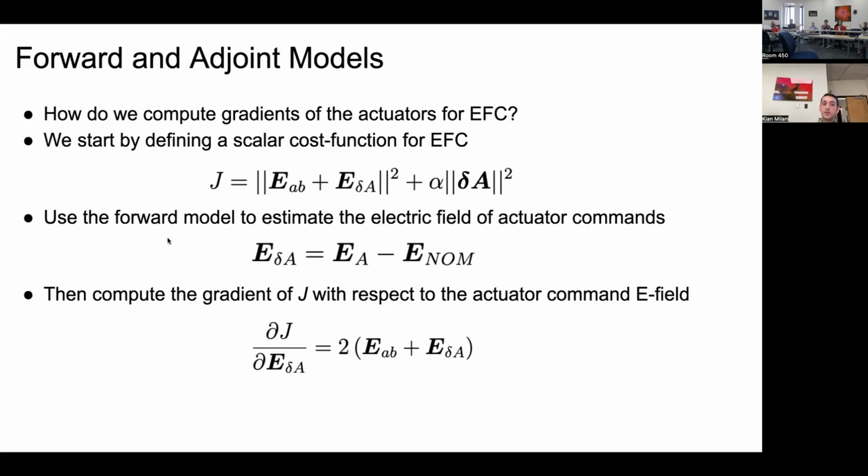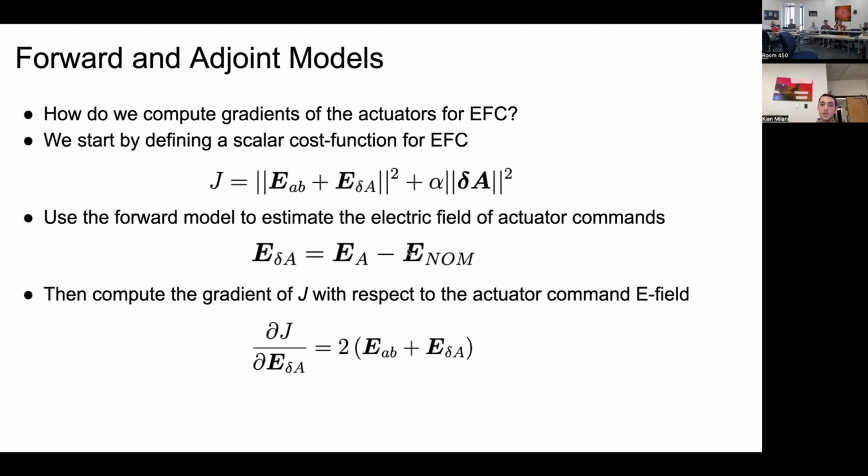So yeah, how do we actually compute E del A? Well, this is where we use the model to do so. First, we compute E nom actually, which is where we apply the knowledge we have of the current state of our system, which is going to be whatever measurements we have, however we're modeling the vortex or the focal plane mask, and the current actuator state for whatever control iteration we happen to be on.